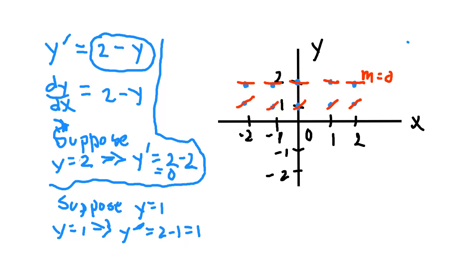See that? All those coordinates there have a y coordinate of 1, and their slopes are equal to 1.